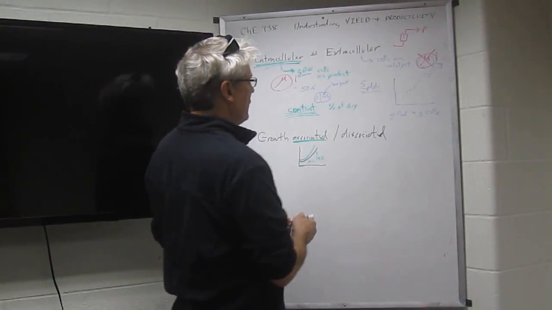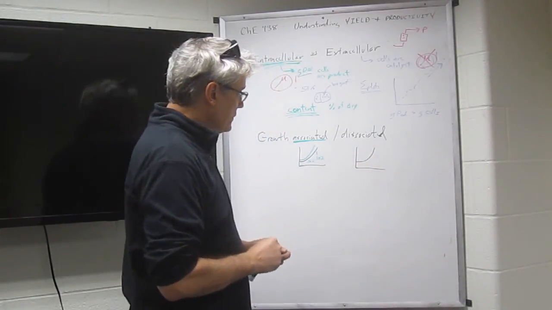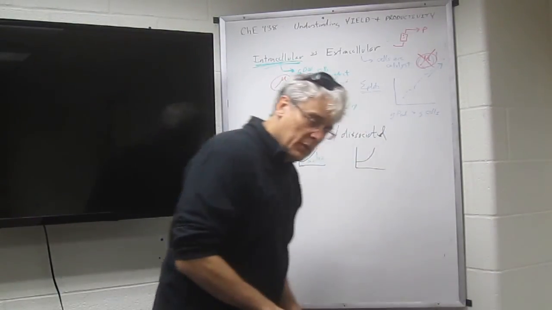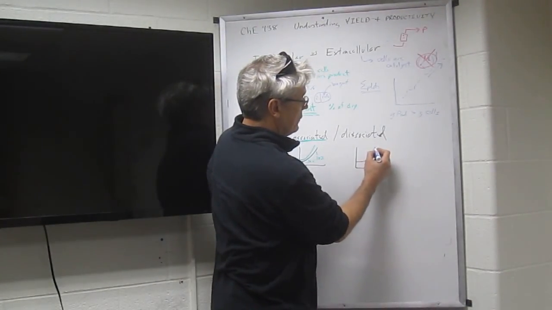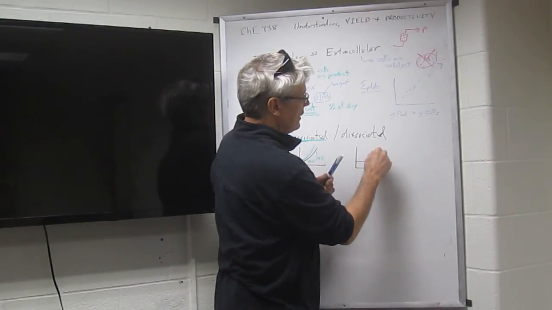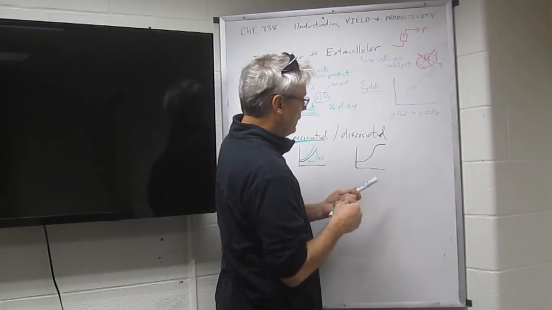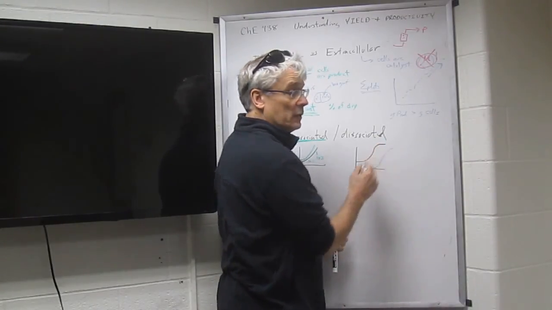In contrast, if I look at a growth-dissociated product, the cells will tend to grow, and it's not unusual that the product may not even start to form until after they stop growing. A growth-dissociated culture, like antibiotics, penicillin, stuff like that, is when once they stop growing they start to accumulate the product.